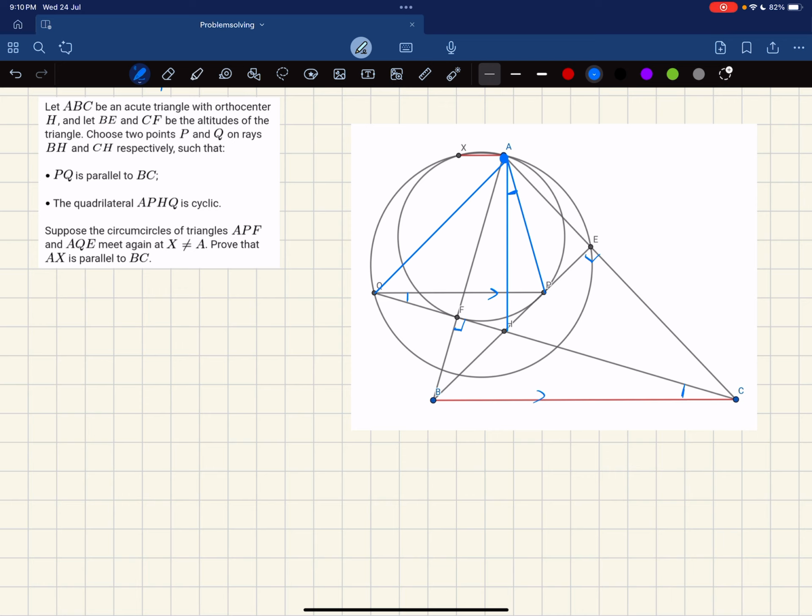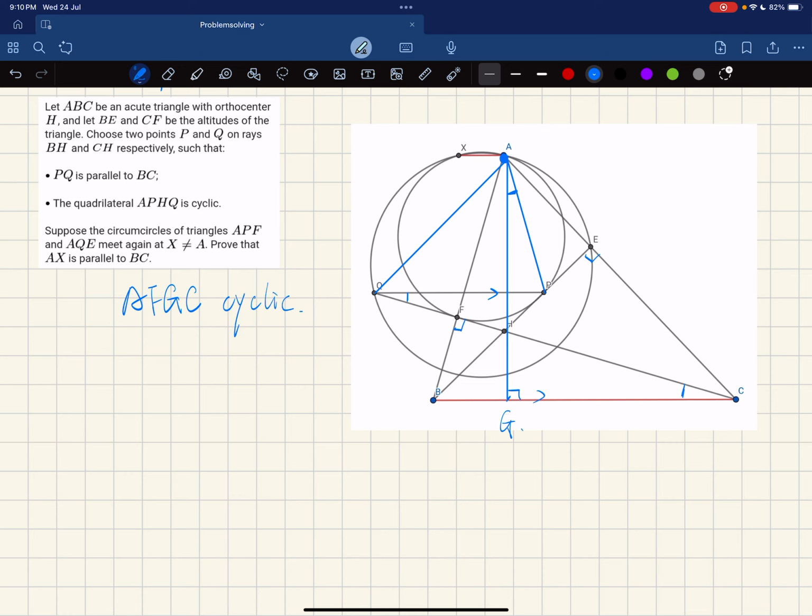is parallel to BC. And also we notice that if we extend the segment AH to meet BC at a certain point, G, then the angle AGC is also 90 degrees. So AFGC are cyclic.